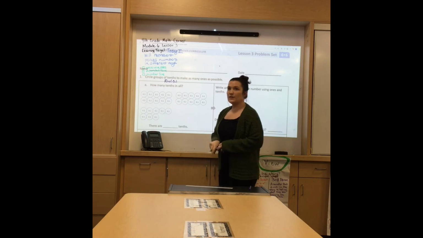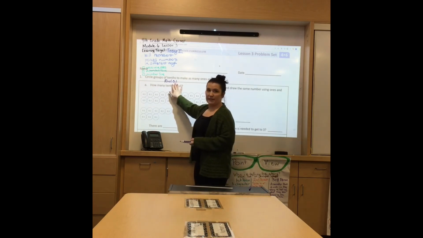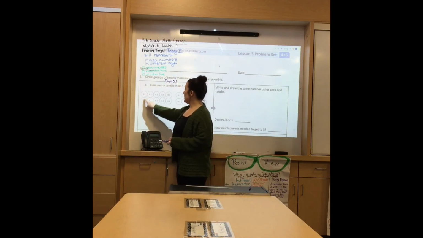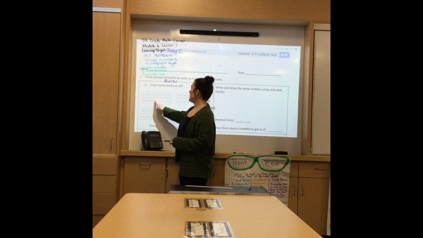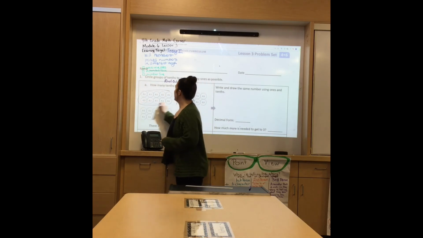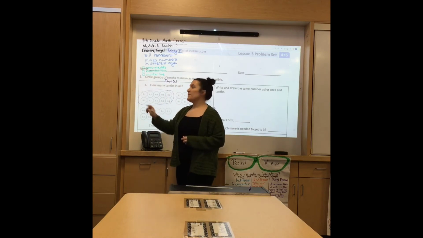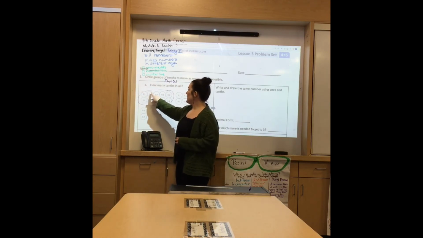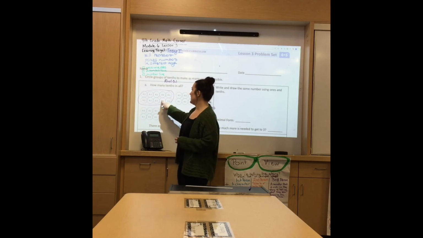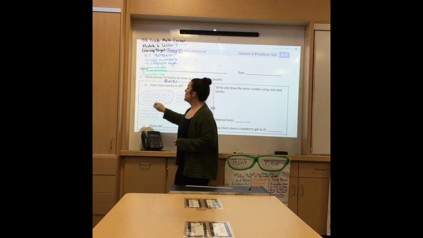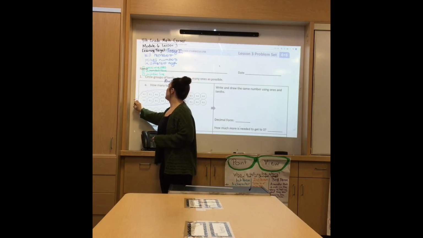So you have to have 10 of these, right? So 1, 2, 3, 4, 5, 6, 7, 8, 9, 10. We're going to circle this. And remember that this is the same thing as 1/10, 2/10, 3/10, 4/10, 5/10, 6/10, 7/10, 8/10, 9/10, 10 tenths, which we know equals 1 whole.